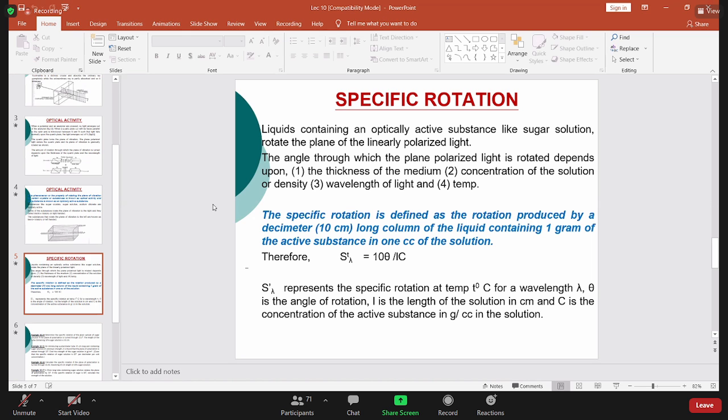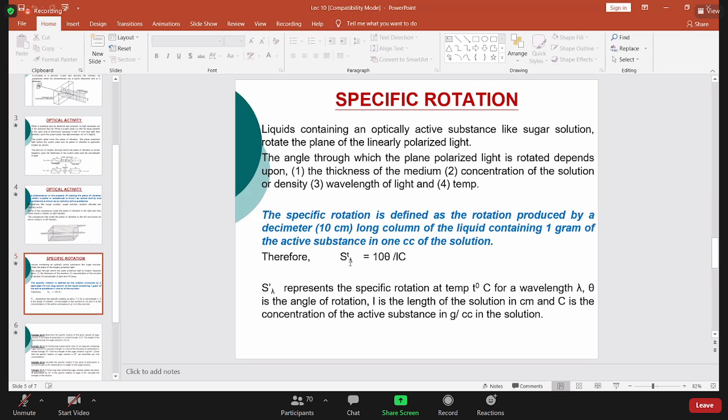So specific rotation is the rotation produced by a decimeter, that is a 10 centimeter long column of the liquid containing 1 gram of active substance. I already discussed the active substance, that is, a substance which can rotate the plane of vibration. Its formula is S equal to 10 theta by LC.